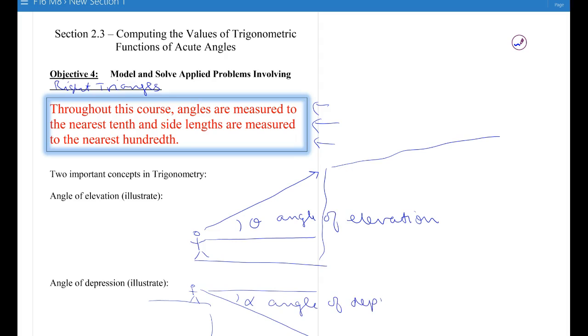How much of an angle would you have to rotate your head through to be able to see down to the ground? So notice that we're always referring to the horizontal. We're always saying, how far are you off from horizontal? How far did you have to look up to see the top of something? Or how far did you look down to see something that was below where you were?